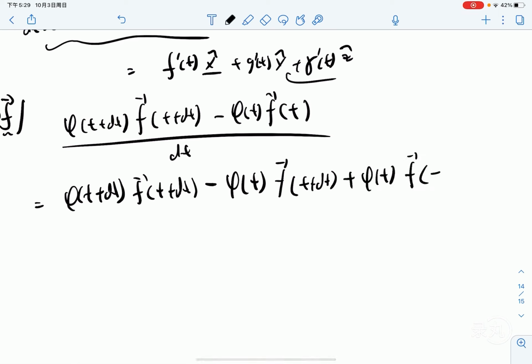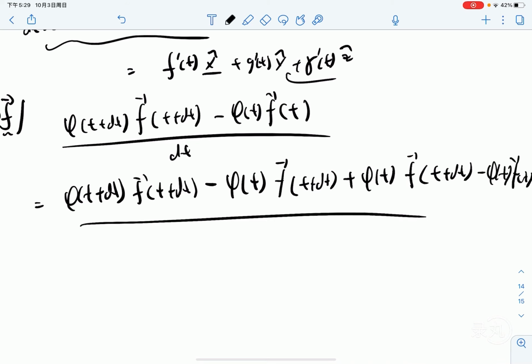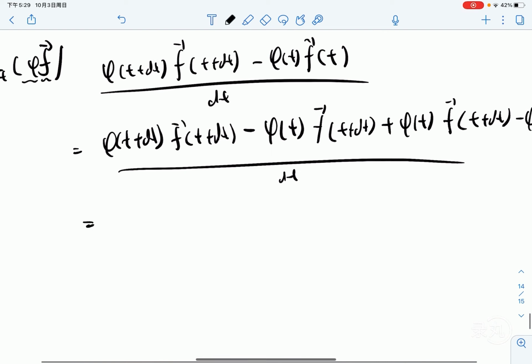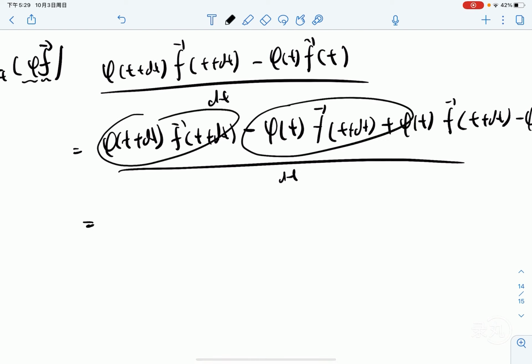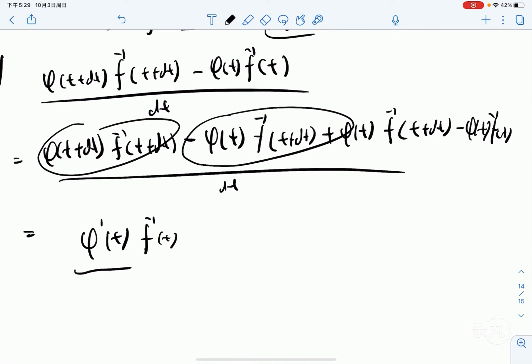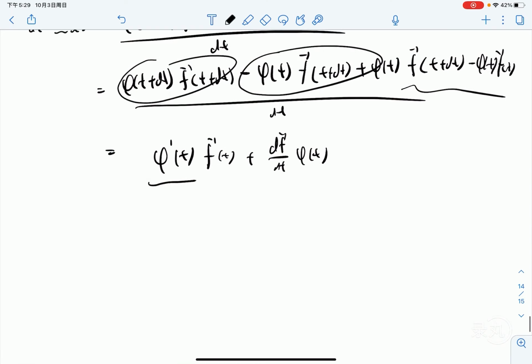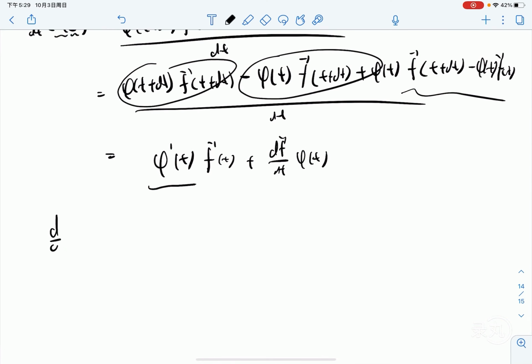Separating out, this is basically the derivative of phi times f, plus df/dt times the scalar phi.